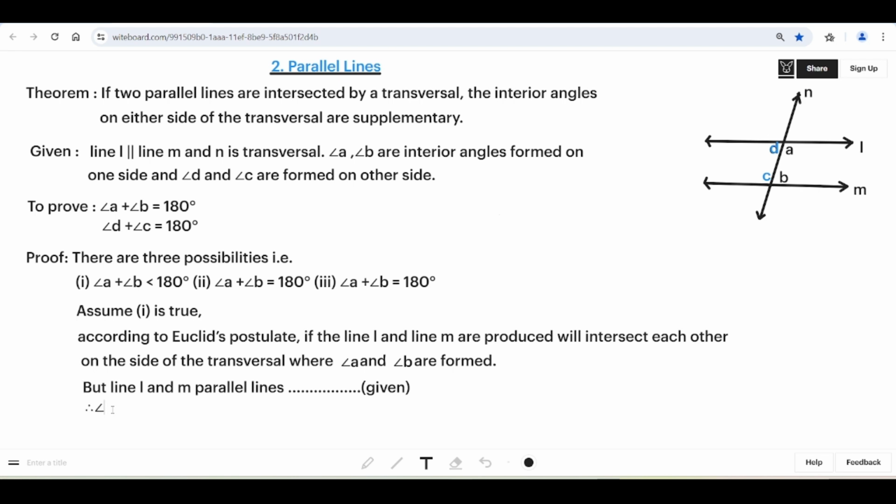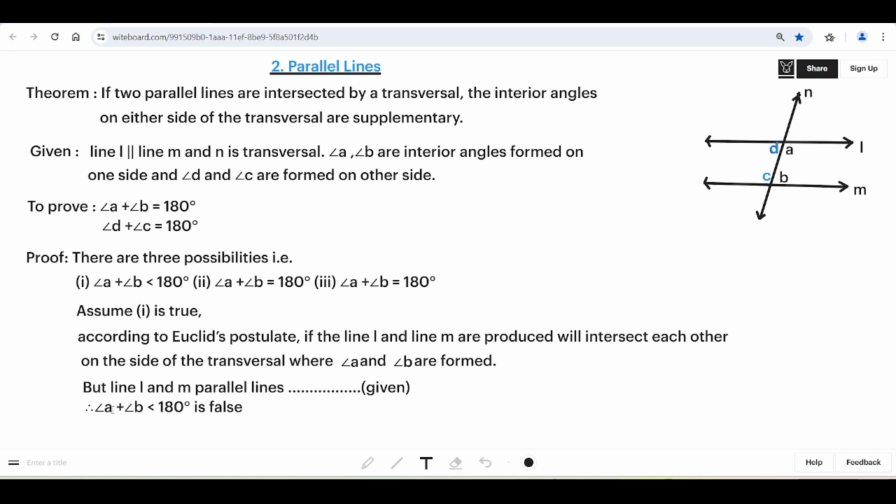Therefore, the assumption that angle A plus angle B is smaller than 180 degrees is false. So the first possibility of these three, we have proved, is false.